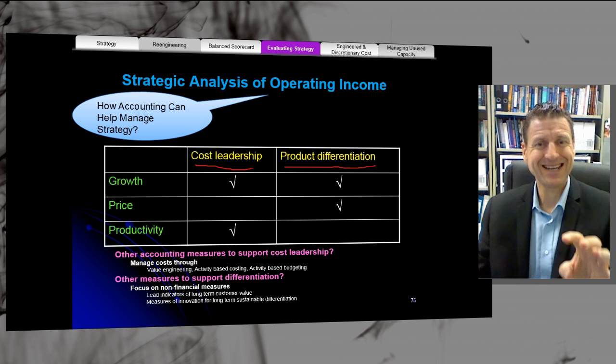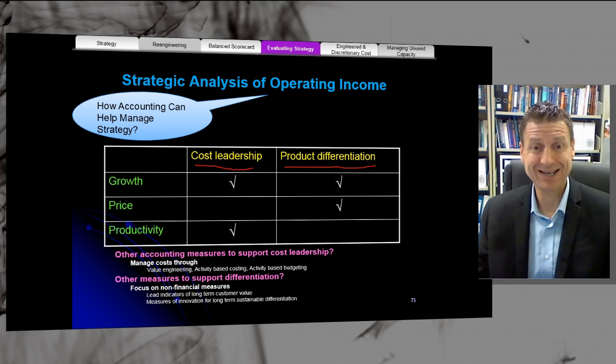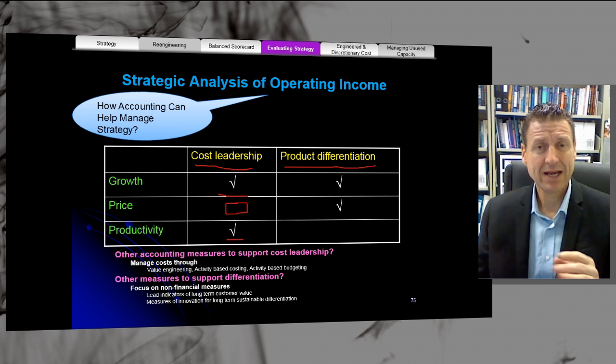Now, if your company is following a cost leadership strategy, we want to really focus on growth, and we want to focus on productivity, and not necessarily on price. At the end of the day, we want to raise the price, but you can't do that, because customers are going to come along and say, well, the reason I'm buying from you is because you have a lower price, you have a better value proposition, low price and value for money.